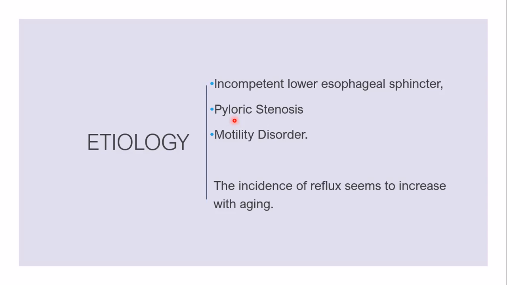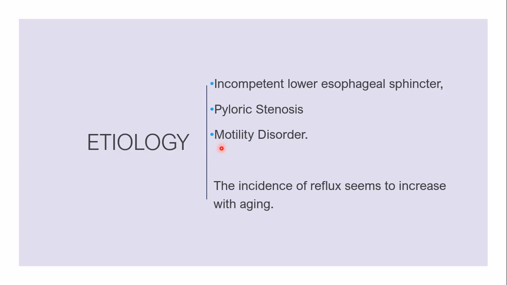You can just google what stenosis is. And then motility disorder. What is a motility disorder? Motility means the food movement or bowel movement, and when there is any disorder related to that, then this could happen.